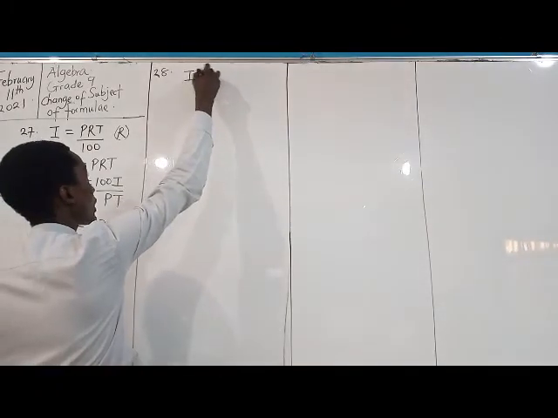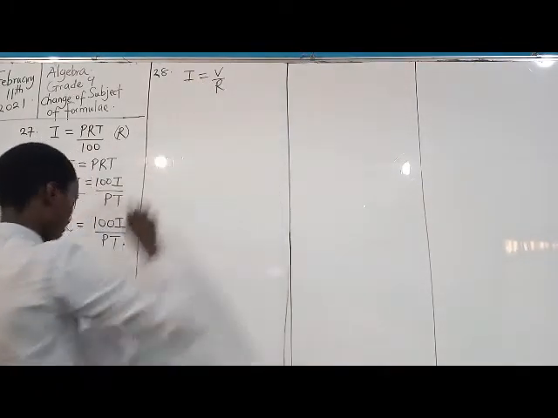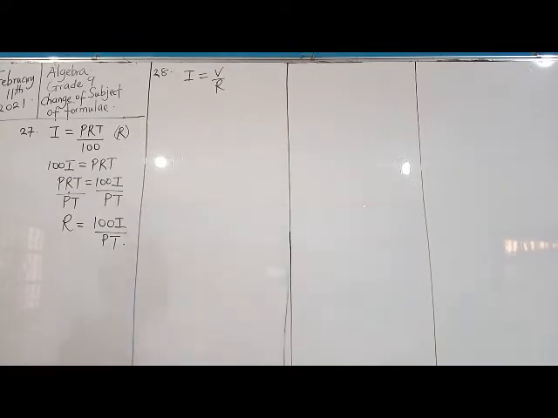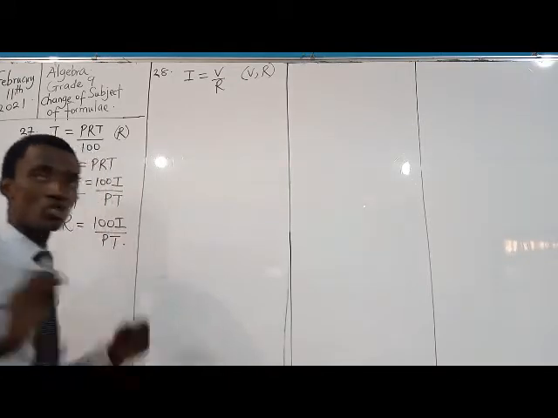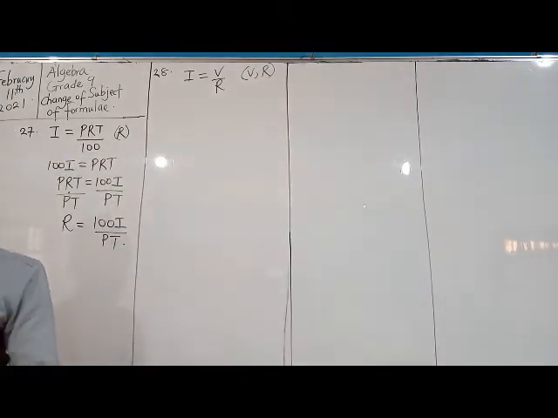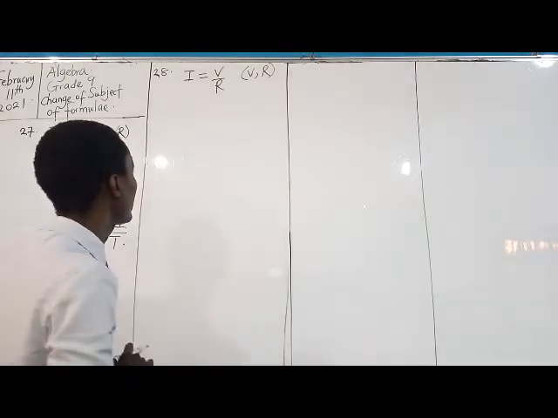In question number 28, what we have is I equal to V over R, and we are told to make V and then R subjects of the formula at different instances. So how do we go about handling this?